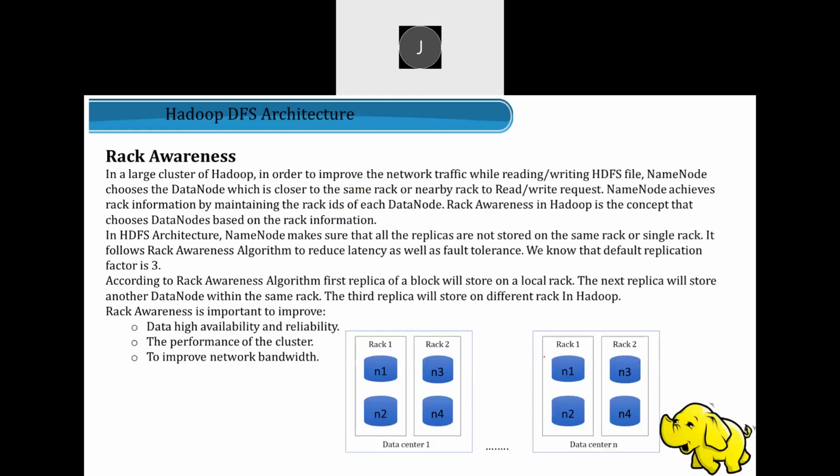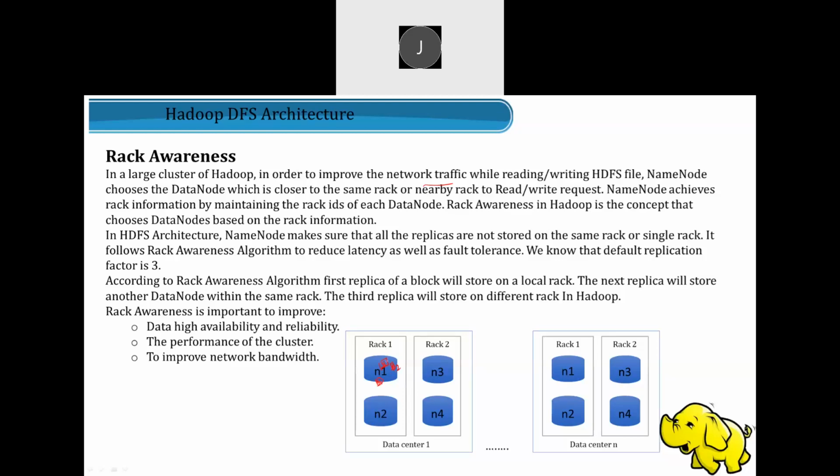Rack awareness is about where the data nodes are present in a large cluster, in order to improve network traffic while reading and writing. The name node chooses the data node which is closer, in the same rack or a nearby rack, to read. What they're saying is, if I store a data block here, till this data node is complete and its memory is filled up, it will keep adding here only. In the first, block 1, block 2, and block 3. Why?